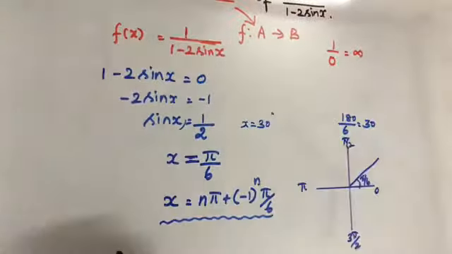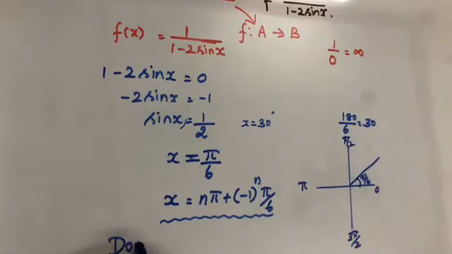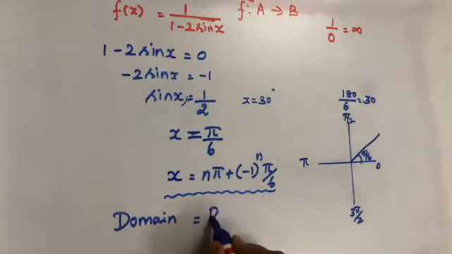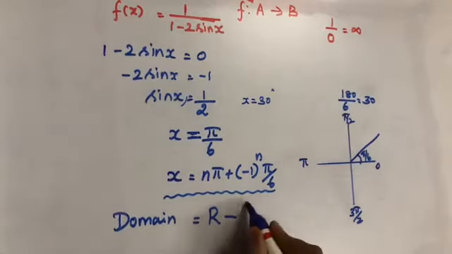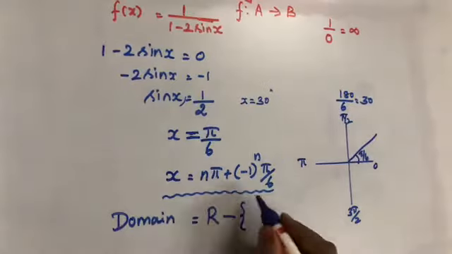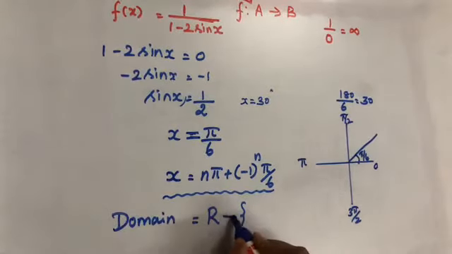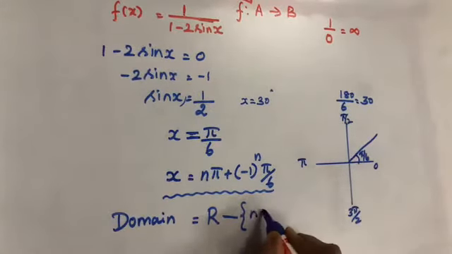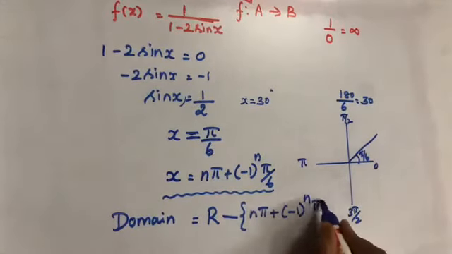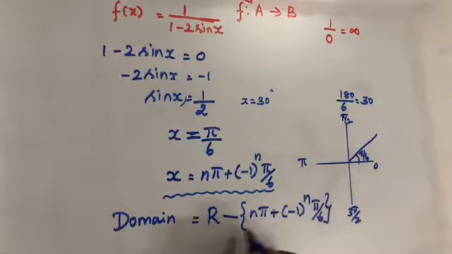Domain is the number line. So domain of f of x is equal to the number line with the excluded set removed. You learned it already. So we exclude n pi plus minus 1 power n into pi by 6. Why did we exclude it?